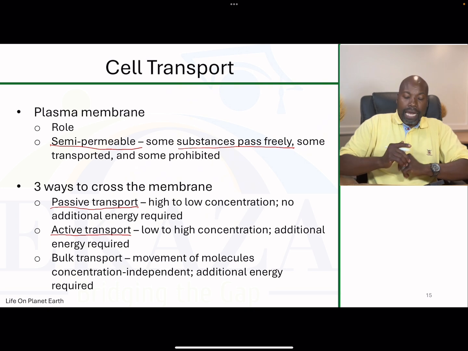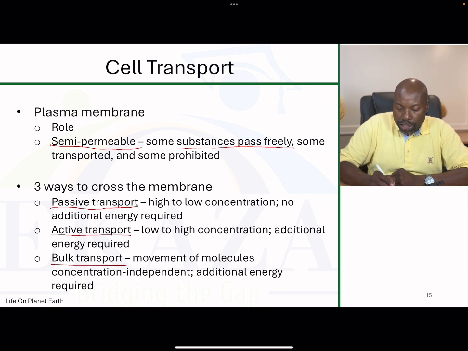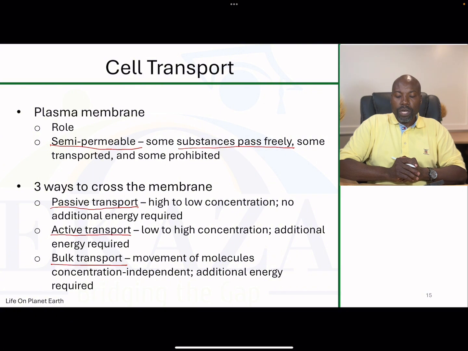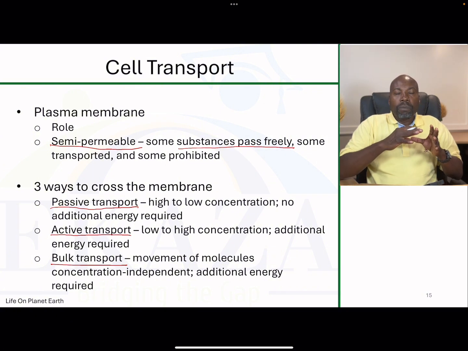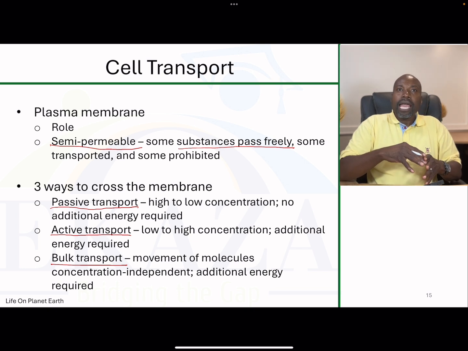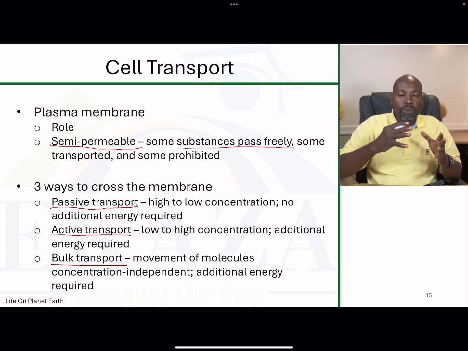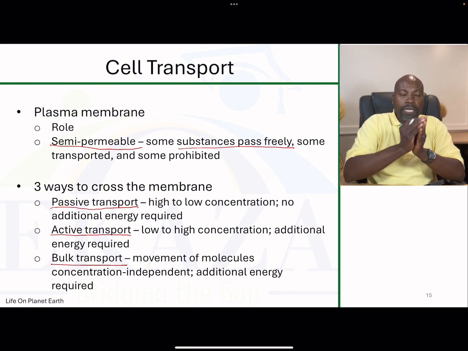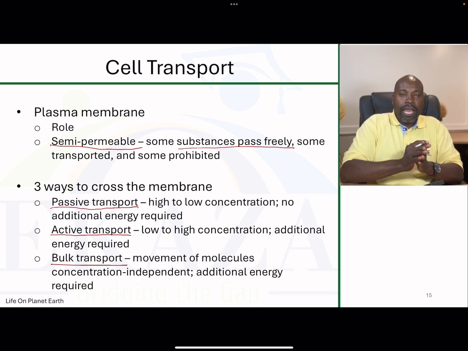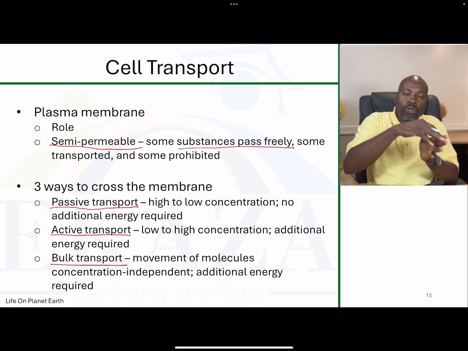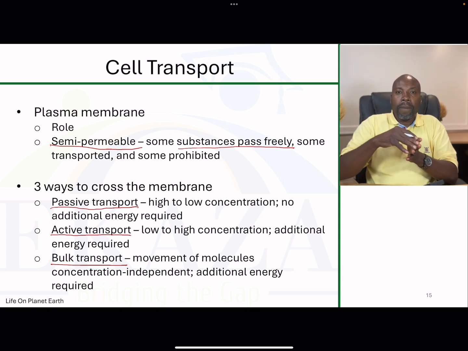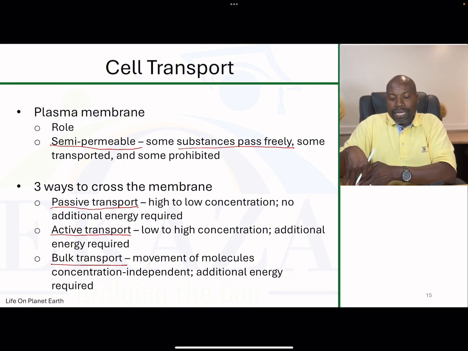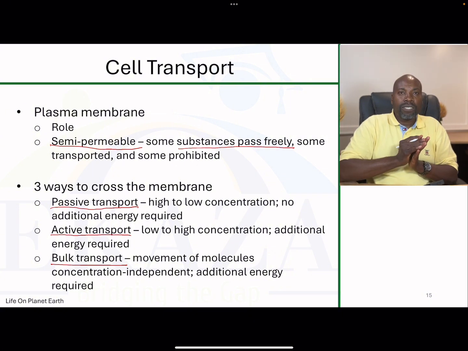And then we have the bulk transport. In the bulk transport, the chemicals are going to be moved as bulk. And even huge particles can be moved. So here we have the cargo that needs to be enclosed in some kind of vesicle, and that vesicle is what is going to move the whole cargo either inside of the cell or outside of the cell.